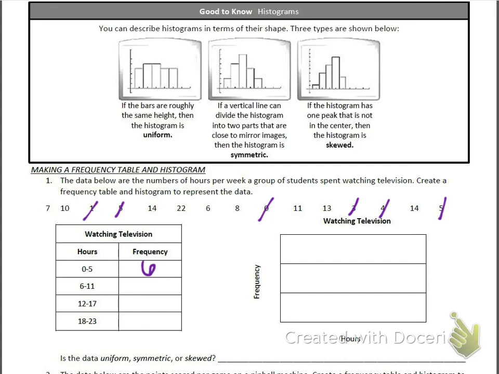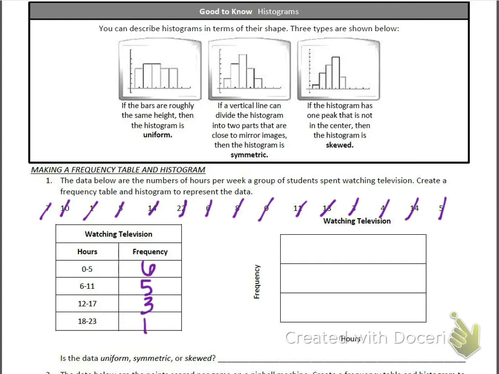That one got cut off on my screen. 6 to 11. So we have 1, 2, 3, 4, 5. 12 to 17. 1, 2, 3. And 18 to 23, we had just 1.